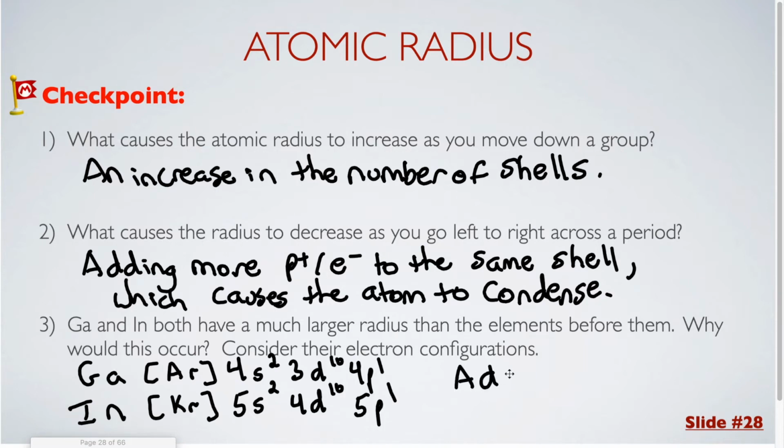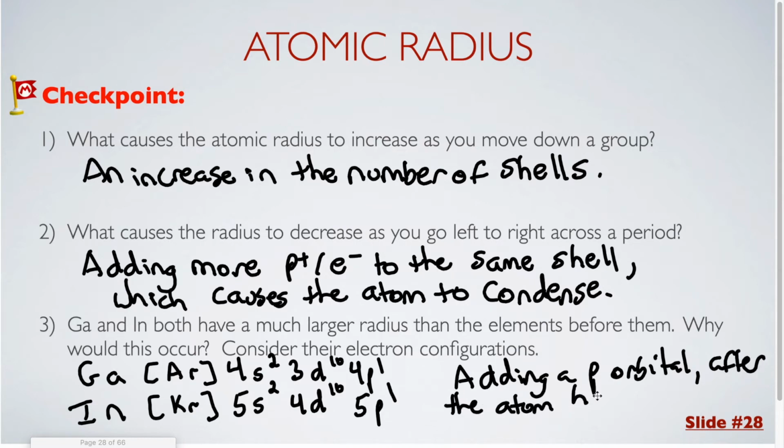You're adding a p orbital after the atom has condensed through the s and d orbitals.